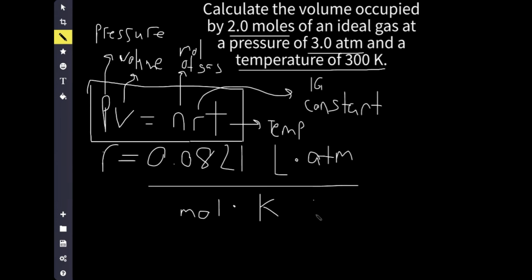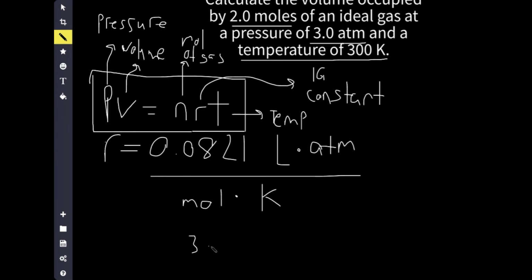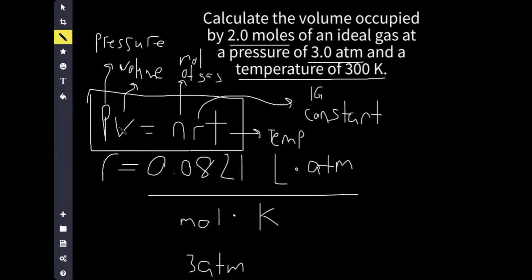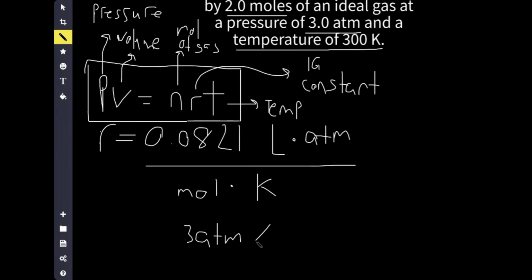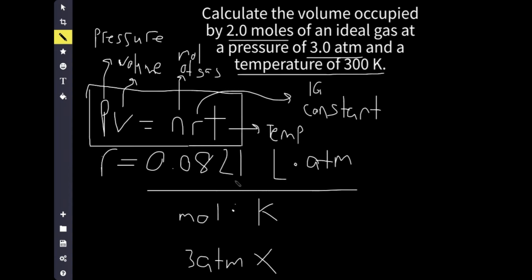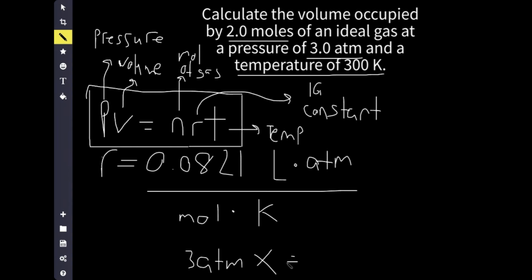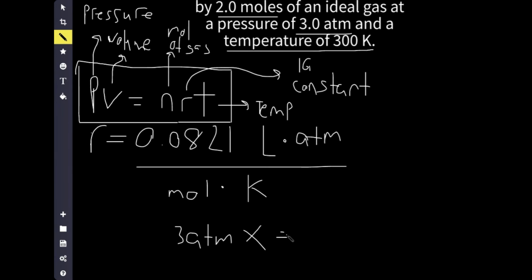So let's plug in what we know into this formula. We know that our pressure is 3 atms. We don't know our volume actually, so let's just call that X. We know our moles of gas, that's our N part. That's going to be 2.0 moles.